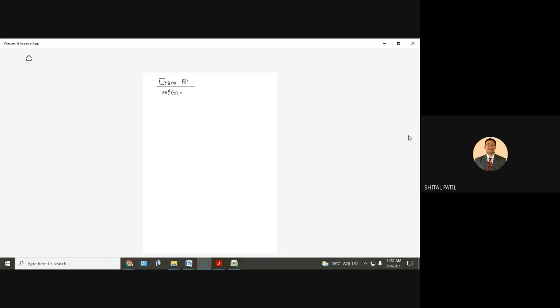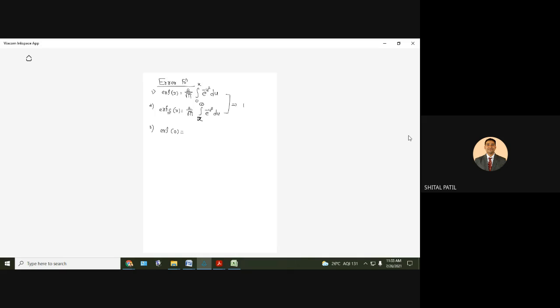Error function of x is 2 by root pi integration from 0 to x e raised minus u square du. Whereas complementary, C for complementary, error function is 2 by root pi integration from where to where? X to infinity. So when these two are added, answer is 1. Right? That is, for that we studied these things.